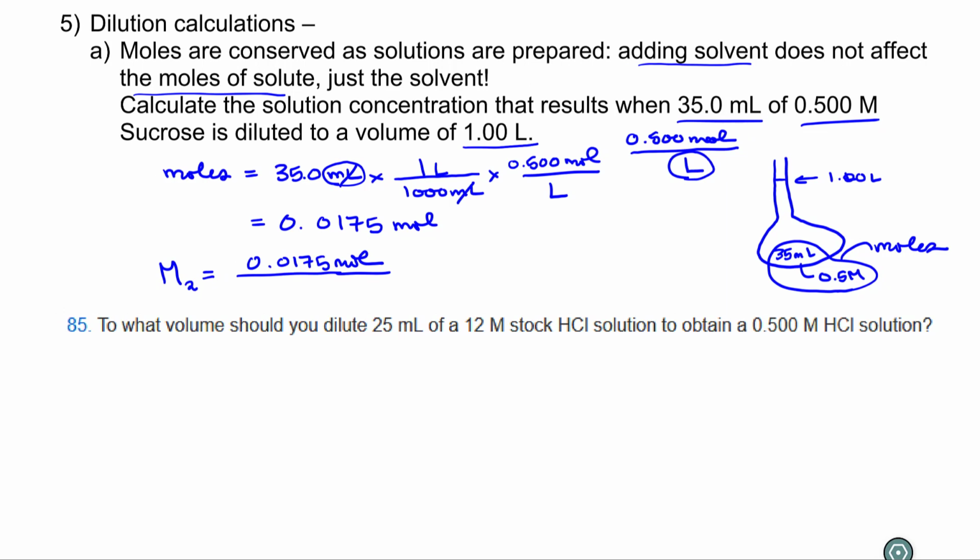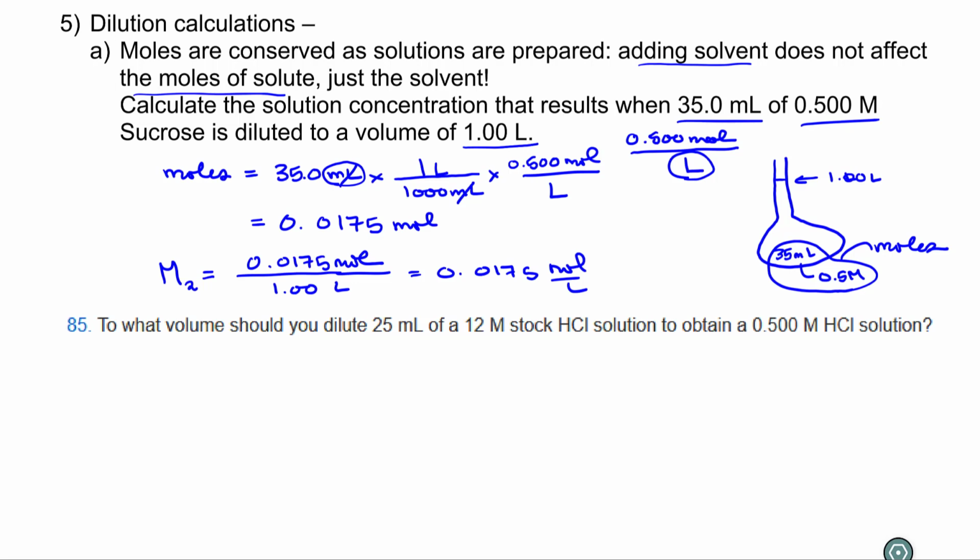I'll divide by V2, which is 1.00 liters. So that still is 0.0175, but now the units are moles per liter. Had that been a 3-liter solution, that top number wouldn't have changed, but the bottom number would have now been 3. Okay, so that's the solution concentration when we do the calculation.